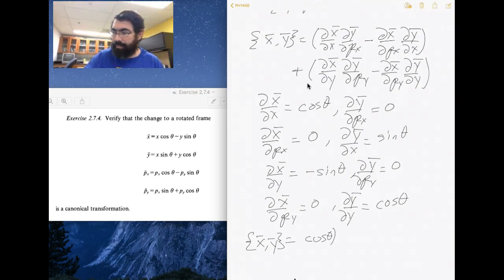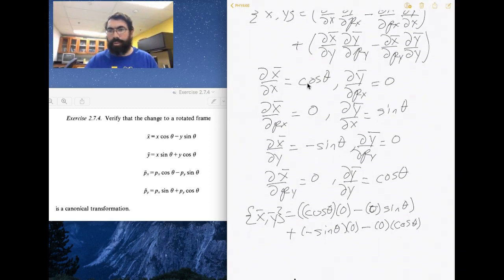cosine of theta times 0 minus 0 times the sine of theta plus the minus sine theta times 0 minus 0 times cosine theta.